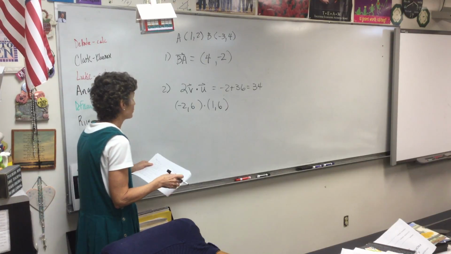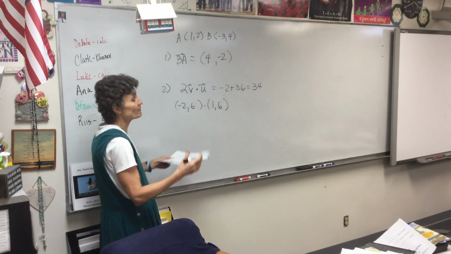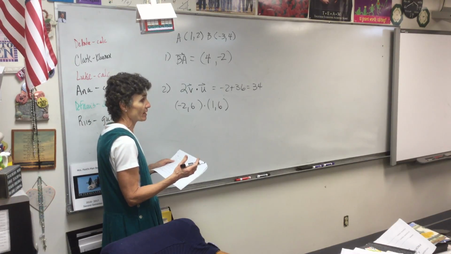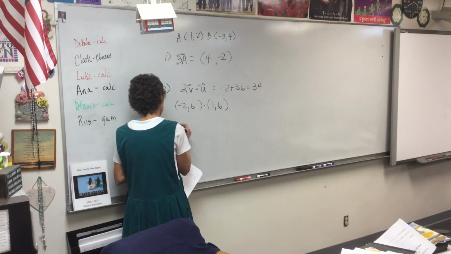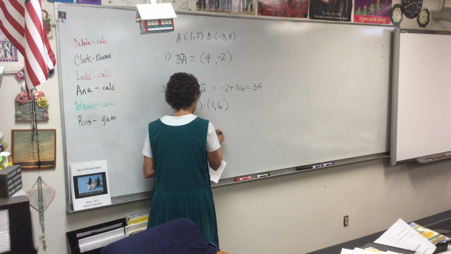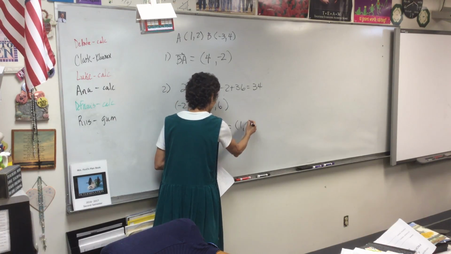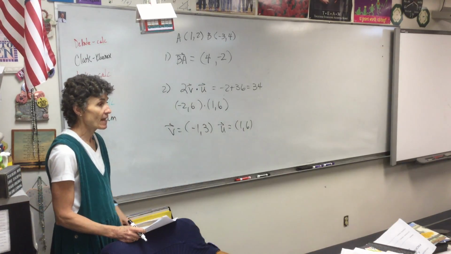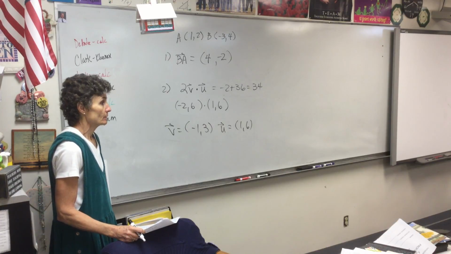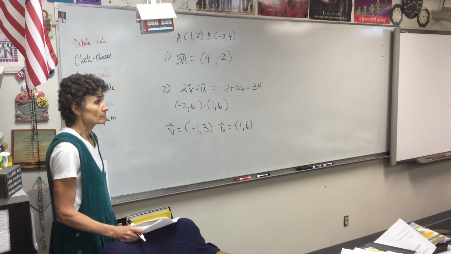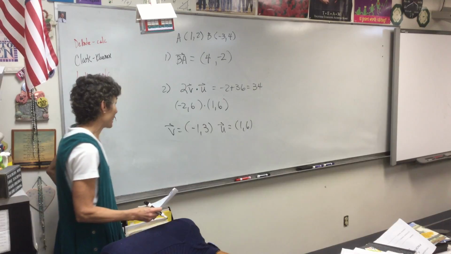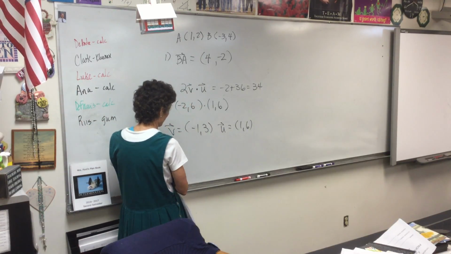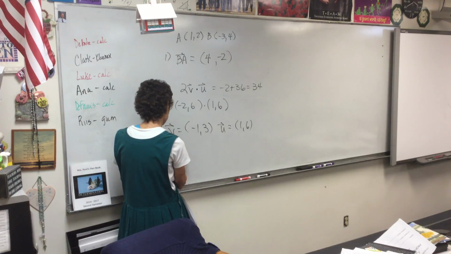Find the measure of the angle between V and U. Oh, we've done this twice already today. We should be good at this. So V is -1, 3, and U is 1, 6. What do we need to know to find the angle between them? We need the dot product. The dot product of these two would be 17.